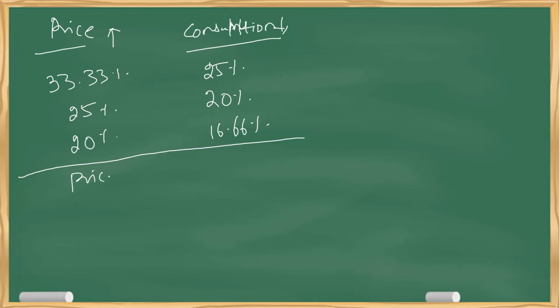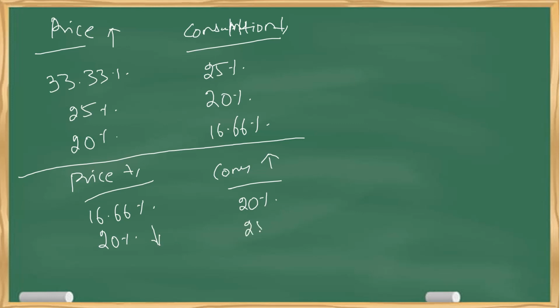If the price is decreased by, consumption should be increased by. So if it is decreased by 16.66 percentage, then the consumption should be increased by 20 percentage. If it is decreased by 20 percentage, then you can increase the consumption by 25 percentage.